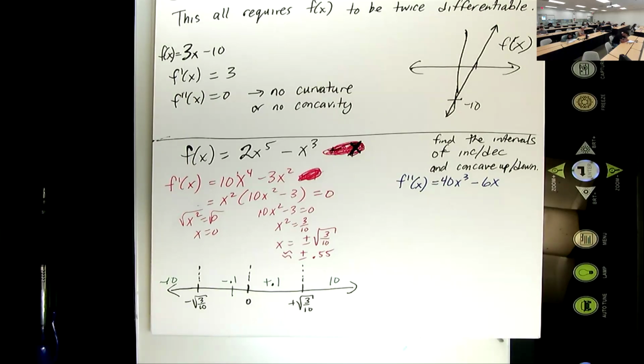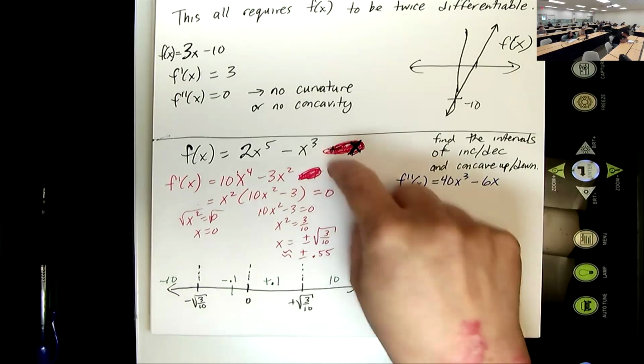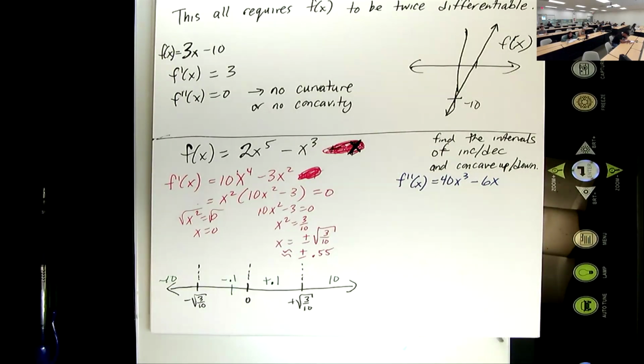If I plug in negative 10, 10 times negative 10 to the 4th power. We're plugging into the first derivative, right? Did I say second? Oh yeah, we're plugging into the first derivative. Minus 3 times negative 10 squared.